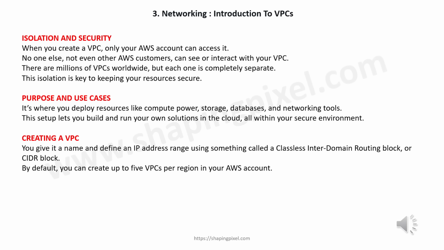You give it a name and define an IP address range using something called a classless interdomain routing block, or CIDR block. By default, you can create up to 5 VPCs per region in your AWS account. In summary, a VPC is your secure, private slice of the AWS cloud, perfect for deploying resources safely. Next, we'll explore how to segment your VPC for even more flexibility.